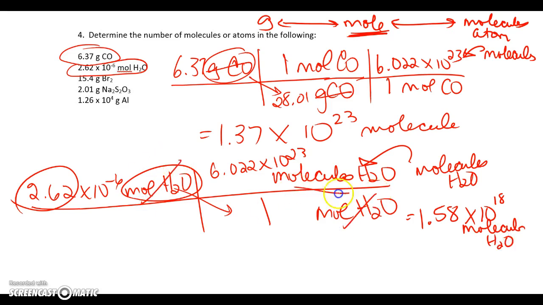These units canceled. I was left with this. So you can see why the units I need in my answer had better be in the numerator of that last conversion. Okay? Or it will not work.